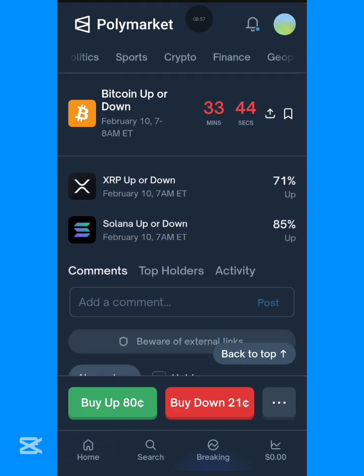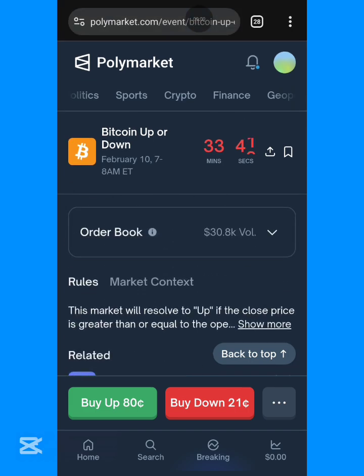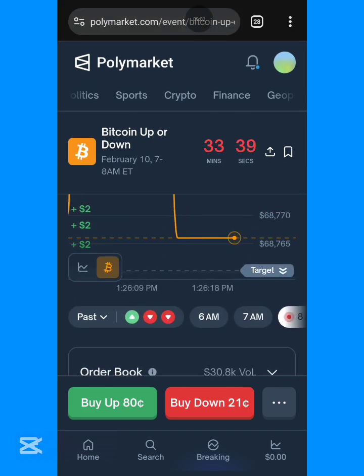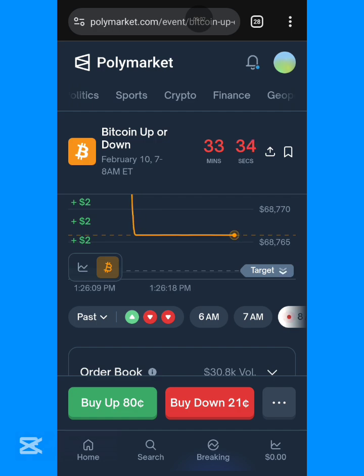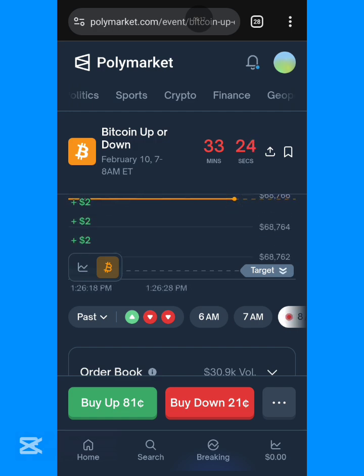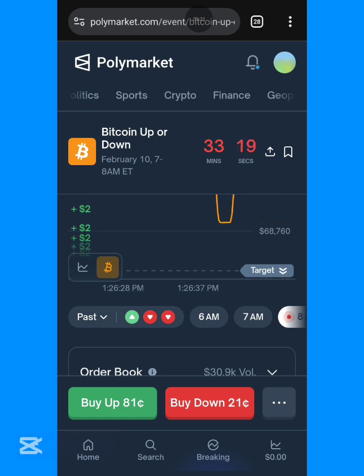If you want to cancel the open order, you can cancel it. And even if you have created an open sell order and you still want to sell it manually, you can still sell it. Your manual selling will override the automatic open order. So this is how to set buy limit order and sell limit order on Polymarket.